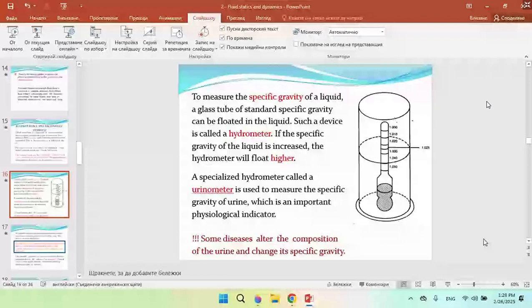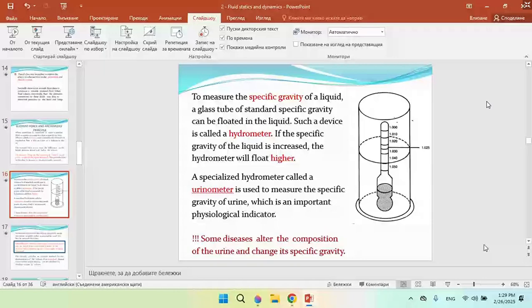So thus, urinometers measure specific gravity or relative density, which is an indicator of the density of the biological liquid being studied.